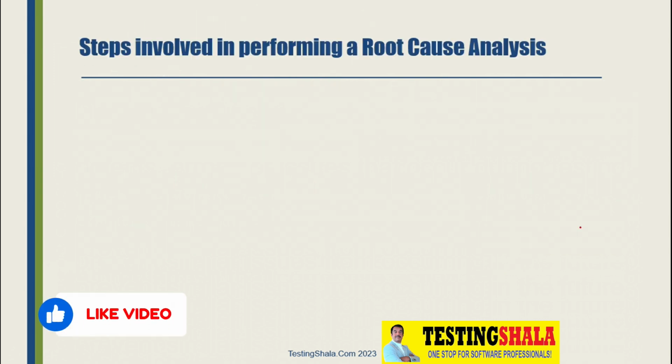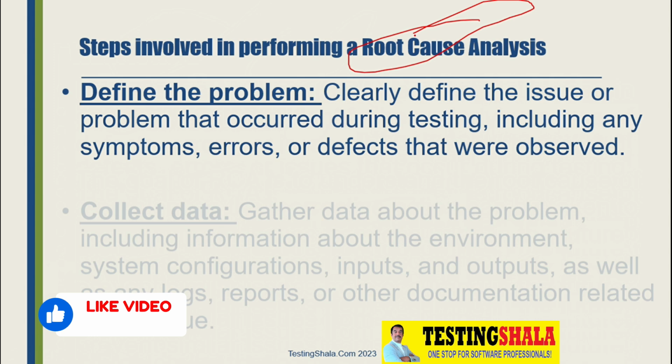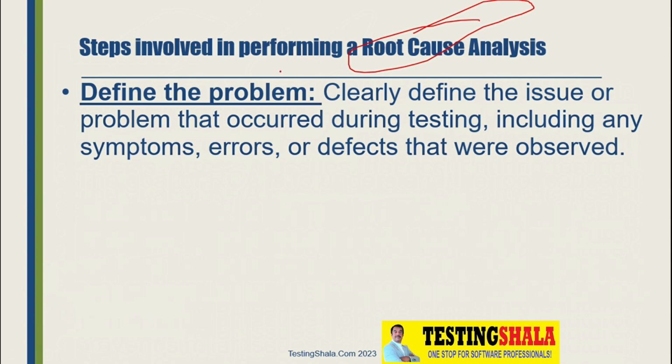Now you will see the various steps which we normally follow while performing root cause analysis. The first step normally is that we need to define a problem. What is the problem you want to solve by doing this root cause analysis? That is the first thing we should define.